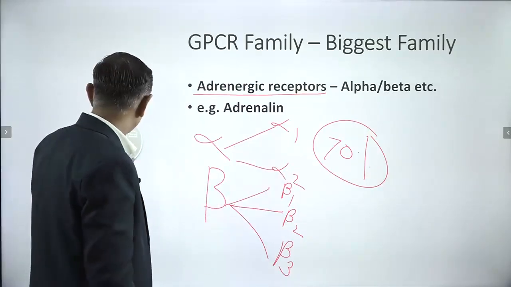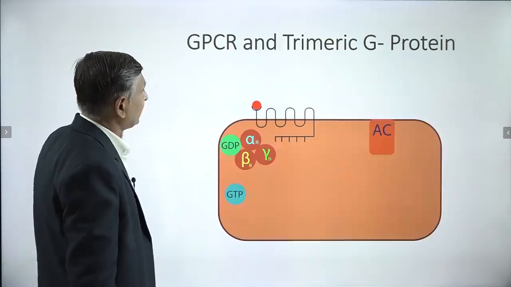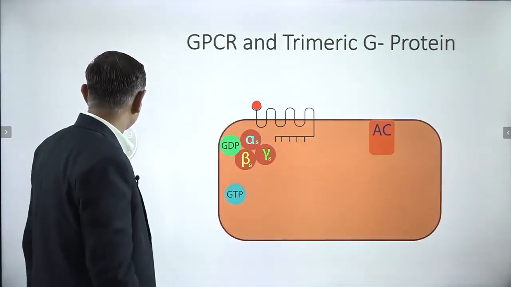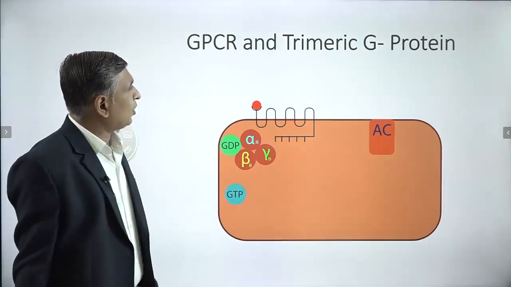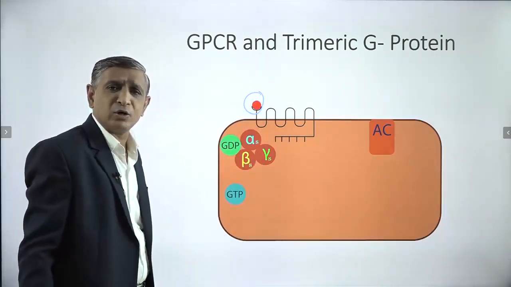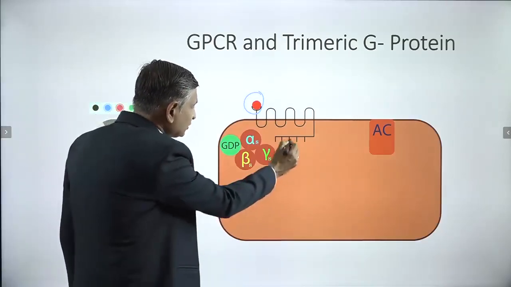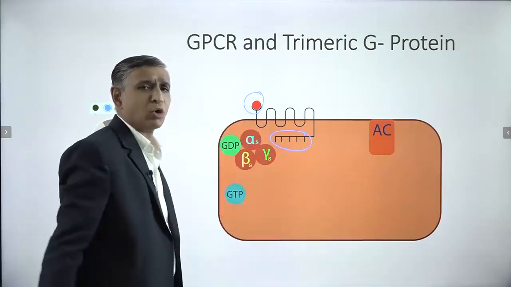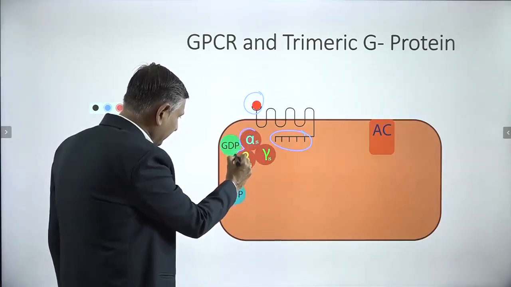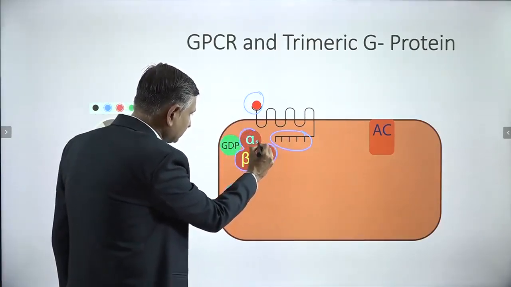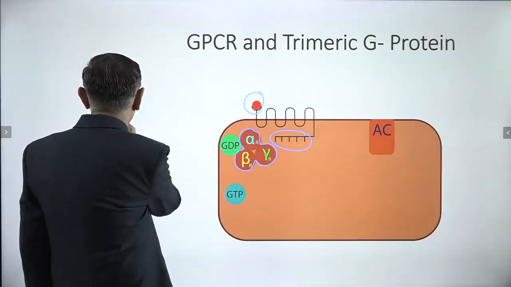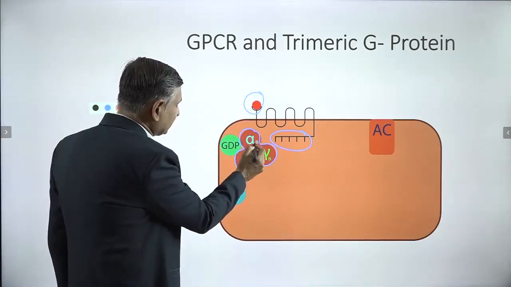This is the fact. Now, my dear students, I am going to tell you the components of this GPCR. Now, this end is known as ligand binding domain of the receptor. This is known as effector domain of the receptor. This is that protein I am telling you repeatedly, that is the G protein. This G protein is having the 3 subunits, and already I talked to you about this 3 subunit.